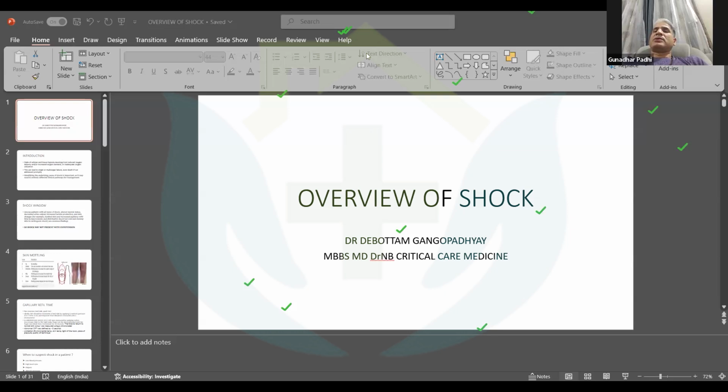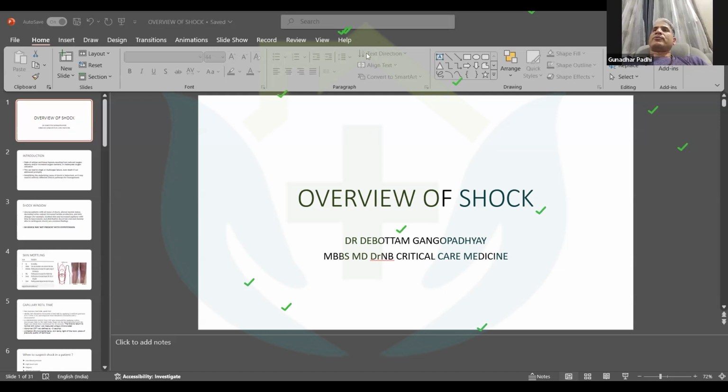Shock is basically under perfusion. That is the very important point which needs to be understood by all the exam-going students. Under perfusion means either low circulation, inadequate oxygen delivery, or low cardiac output. These are the three things.